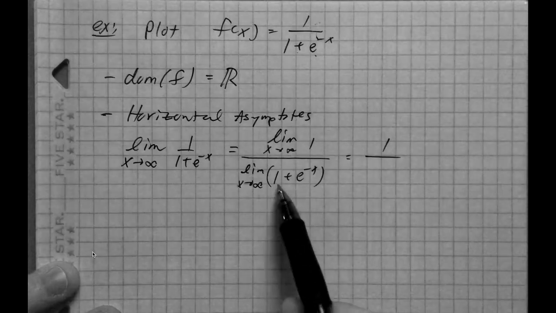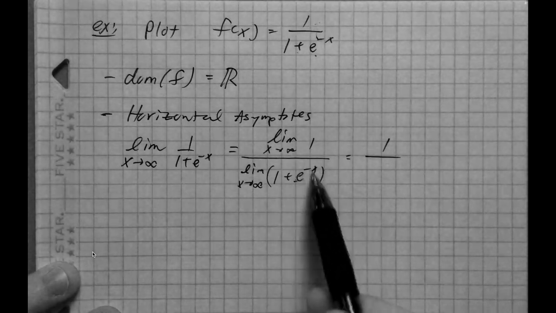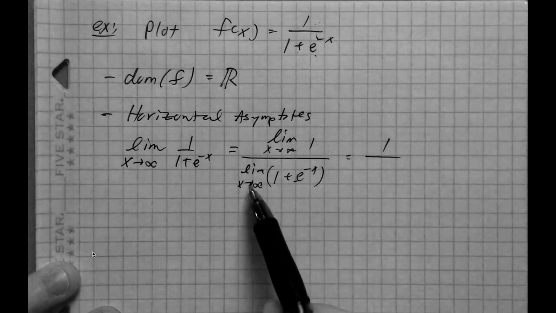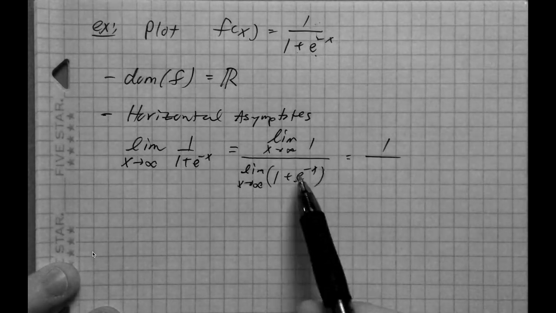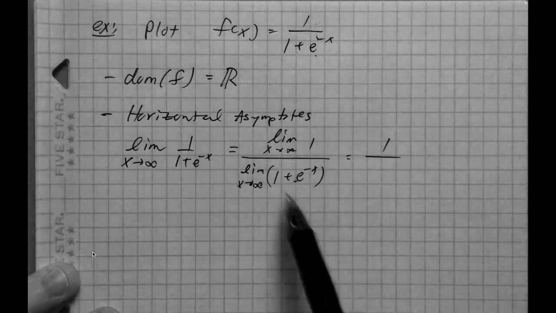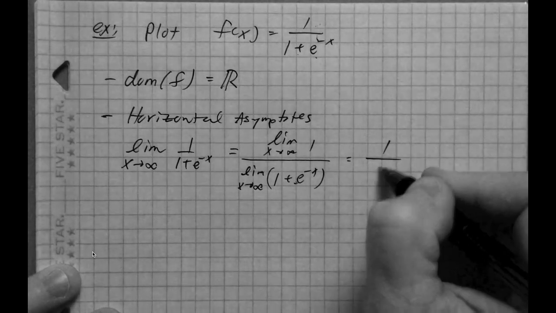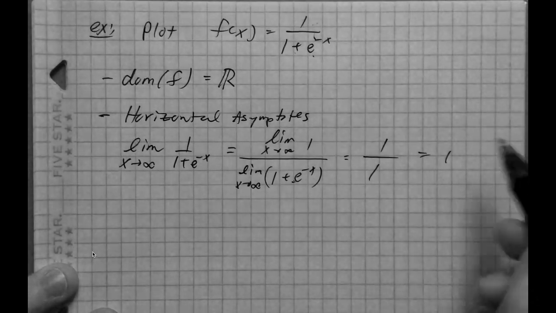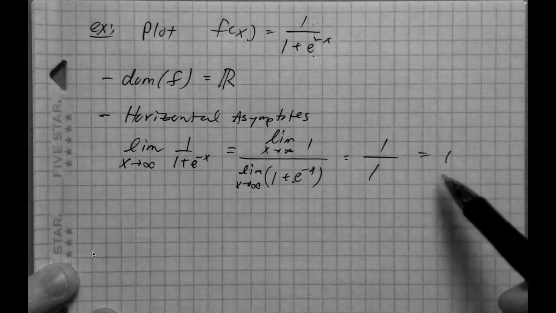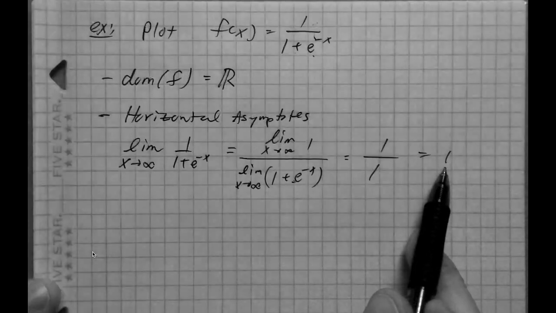Now what happens down here? Well, this goes to 0, doesn't it, right? These are positive values of x. When you plug positive values of x into e to the negative x, this is like 1 over some increasing number, so that becomes just 0. And so this is 1 over 1. Okay, so as x grows large, the function goes to 1.